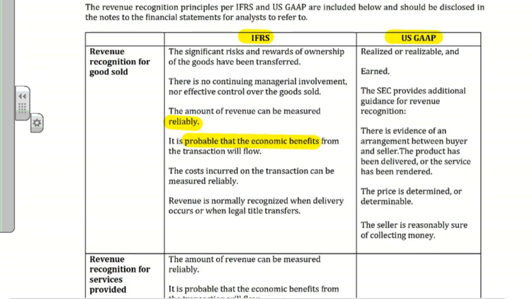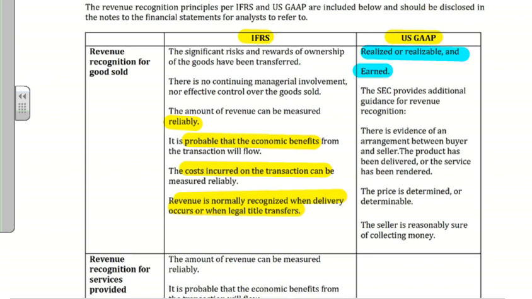It's probable that the economic benefits will flow to me. The costs incurred from the transaction can be measured reliably, and revenue is normally recognized when delivery occurs or when legal title transfers. Under US GAAP, it must be realized or realizable, and earned.